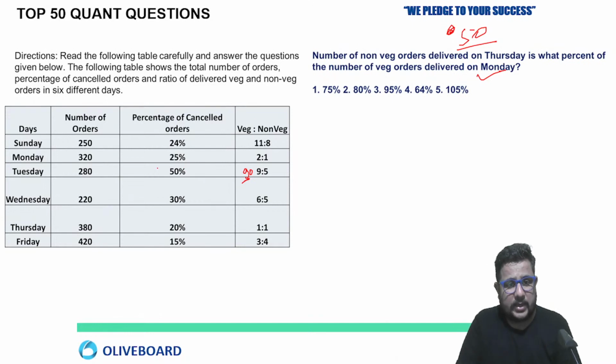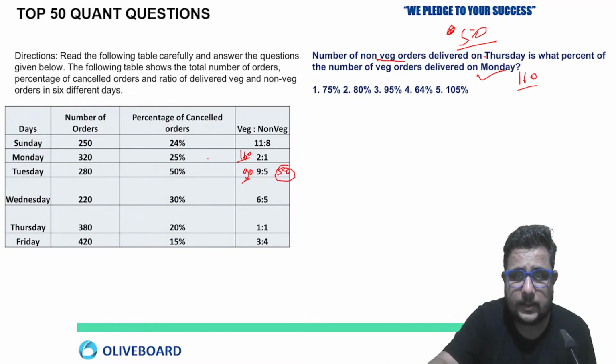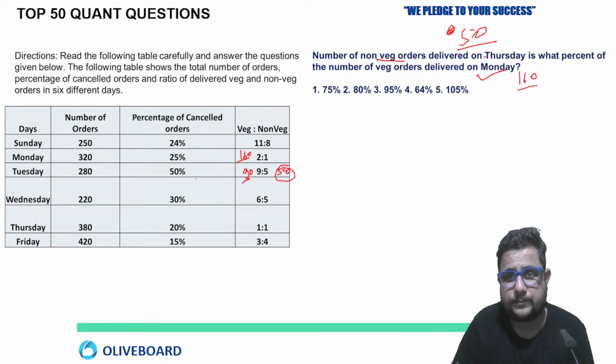Monday it is going to be how much? 240, right? So 160. So with respect to 160, they are talking about, or did I take something wrong? Again, I'm just checking. The number of non-veg orders delivered on Thursday, that is 50. And the number of veg orders delivered on Monday. Okay, delivered on Monday. Yeah.